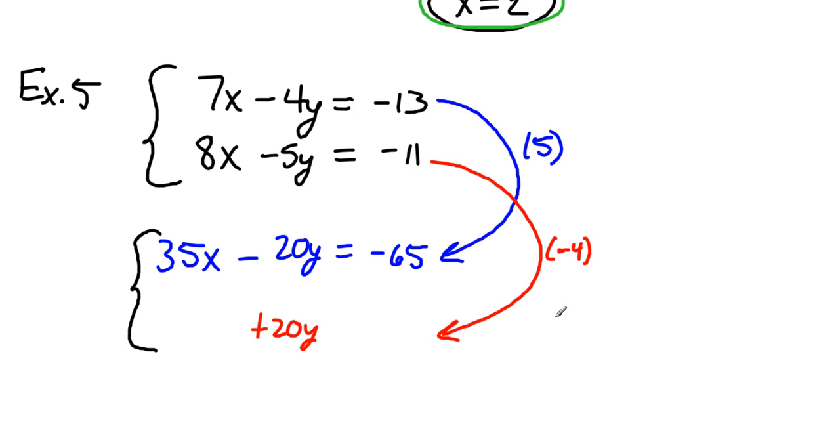So negative 4 times 8 is a negative 32. Negative 5 times negative 4 is a positive 20. And a negative 11 times negative 4, that's a negative 44. Now, if you happen to go through this one and you get to the end and you're like, oh, they're both negatives, then just take one of the two equations and go back and multiply it by negative 1. So if you forget to change the signs, it's not a big deal.